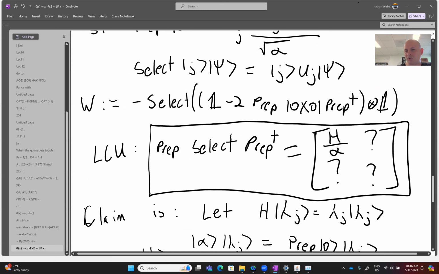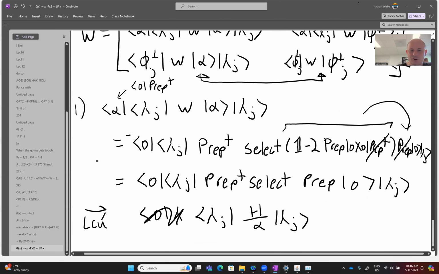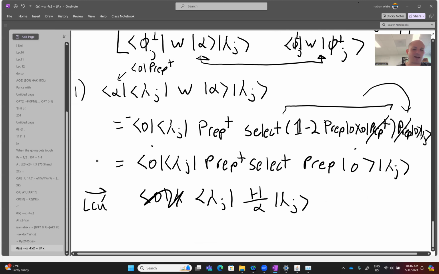Since we're only interested in this block, because of the 0, 0 projector here and here, it just becomes H over alpha. So this is just equal to lambda j divided by alpha. Cool.